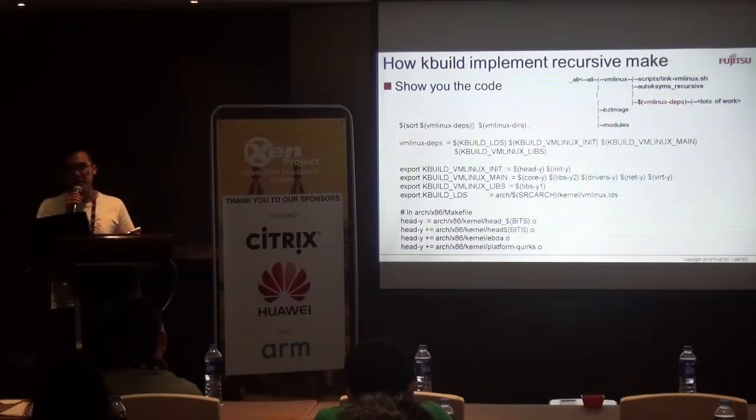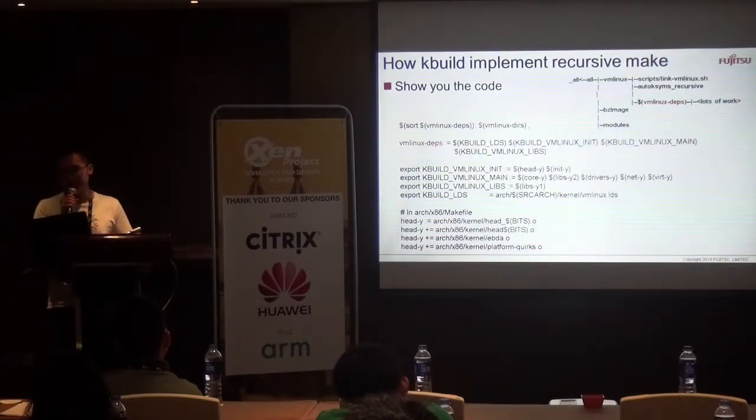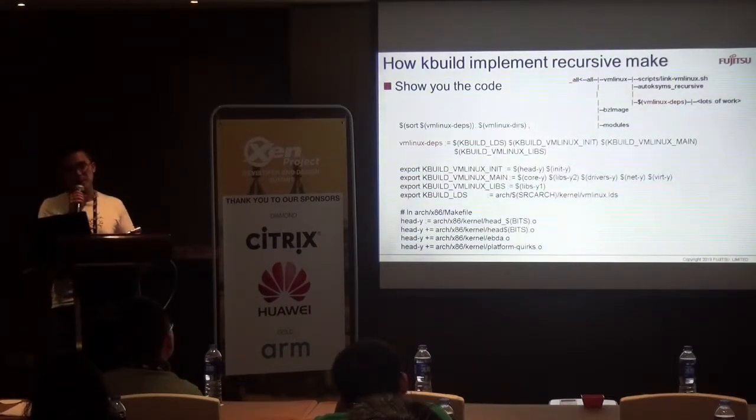Let's see some makefile code. Actually, I'm reluctant to explain code in a talk, but for this case, I think it is a little hard to explain it with plain words. So I just picked some code here to show the process.